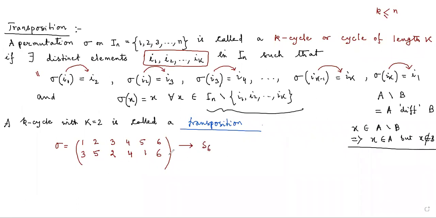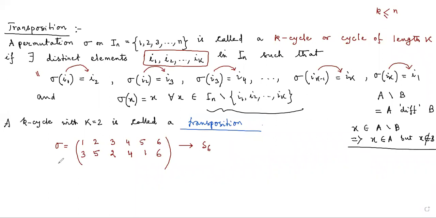The elements of S6 which are of this form are based upon I6. We are choosing the first 6 natural numbers, 1, 2, 3, 4, 5, 6, from I6, and from there we are constructing the elements of S6.